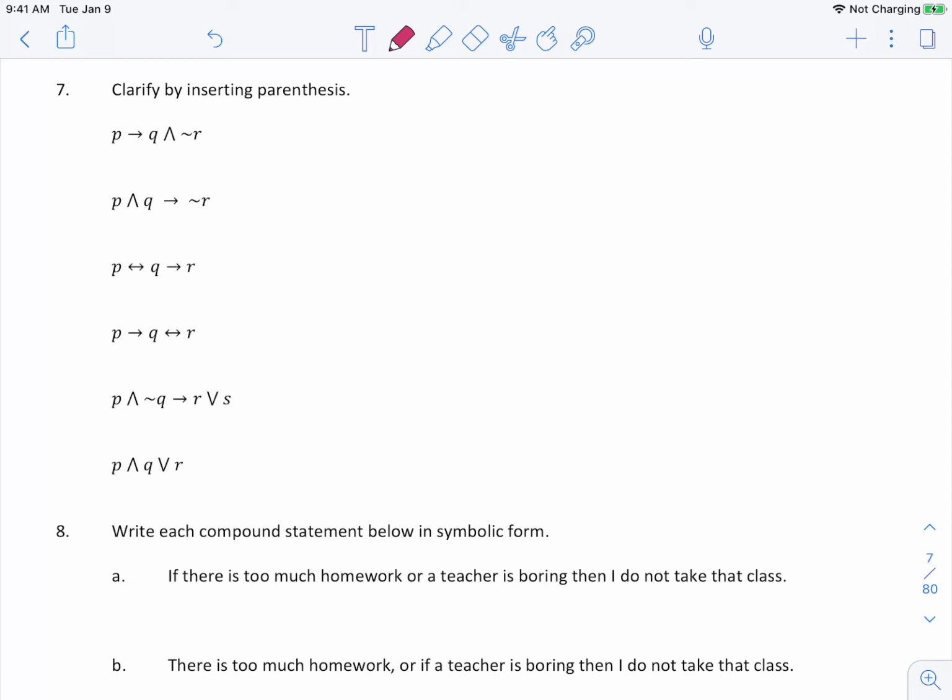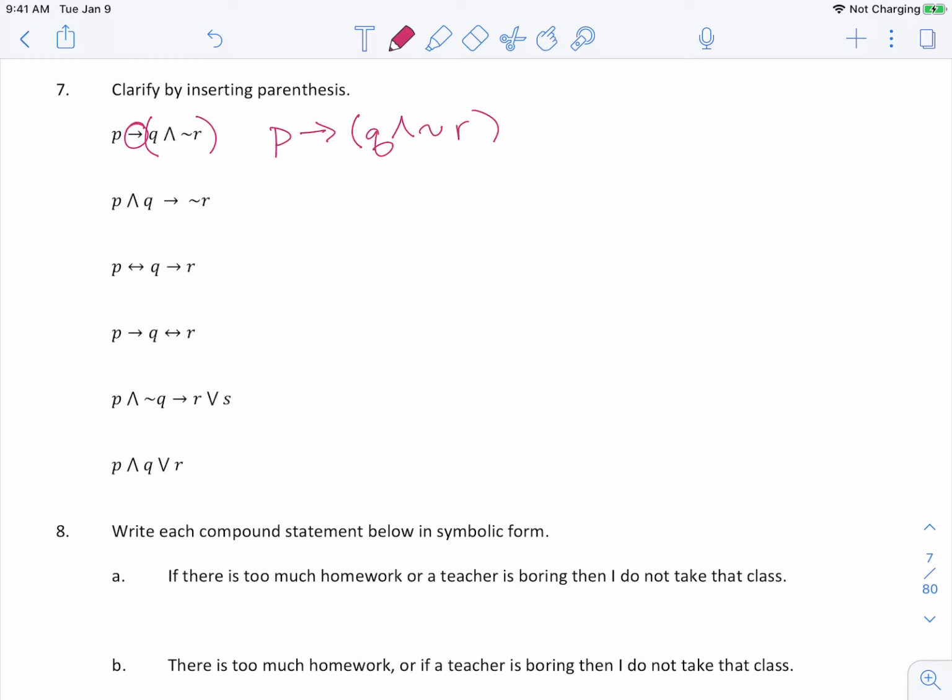So the most dominant is our if-then statement, which means I'm going to put parentheses around Q and not R. So I would write this as P arrow parentheses Q and not R.